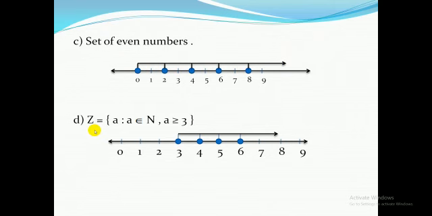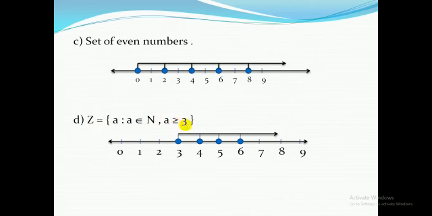Number D. Z, it is the name of the set, equals A. A is an element. A belongs to natural numbers, A is greater than or equal to 3.